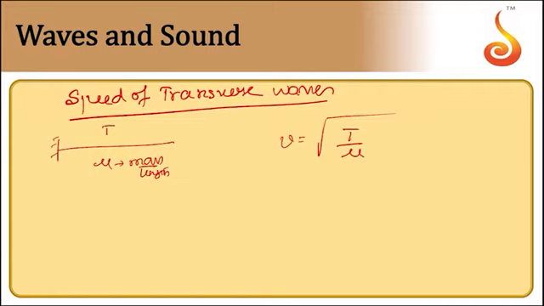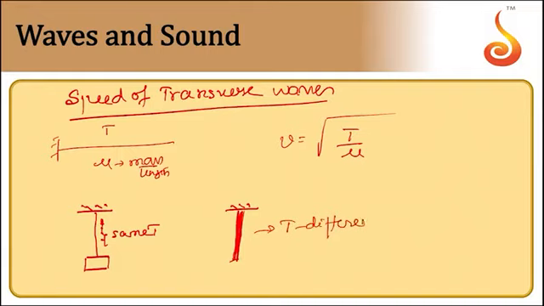Observe a very important thing here. Our assumption is that the tension is same everywhere. For example, if I consider a string which is suspended with a mass attached at its lower end, the tension is assumed to be same everywhere. But if I consider a heavy string, for example, a thick string, in such a case, the tension is different at different points.